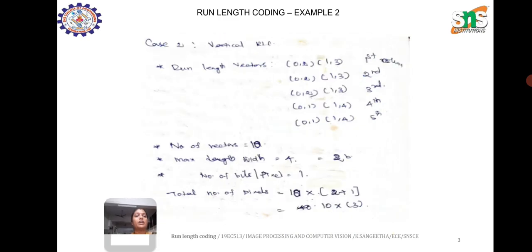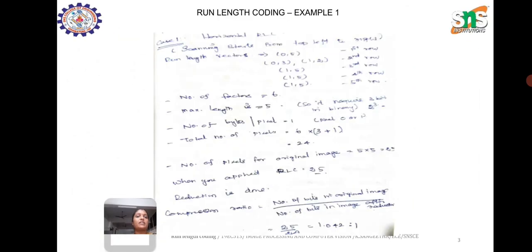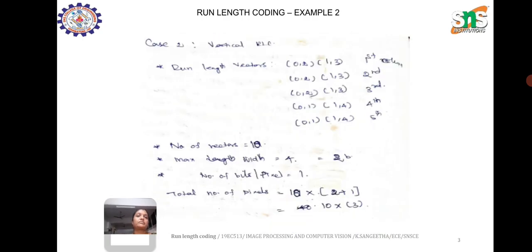In the first case we are dealing with the pixels horizontally, and in the second case the same image vertically. The run lengths of the first row are 0, 2 and 1, 3, the second row 0, 2, 1, 3, the third row 0, 2, 1, 3, and the fourth and fifth rows are 0, 1 and 1, 4.